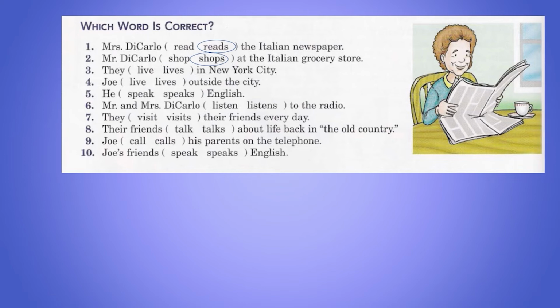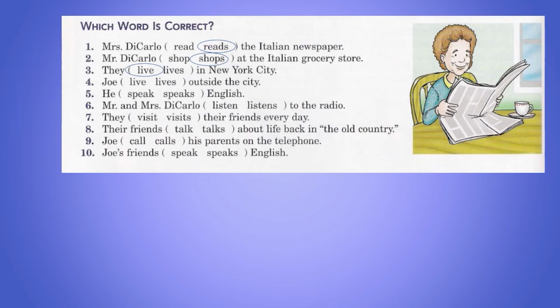Number 3. They live in New York City. The answer is live. They live in New York City. Number 4. Joe lives outside the city.